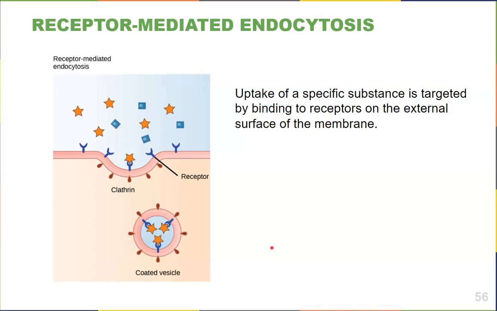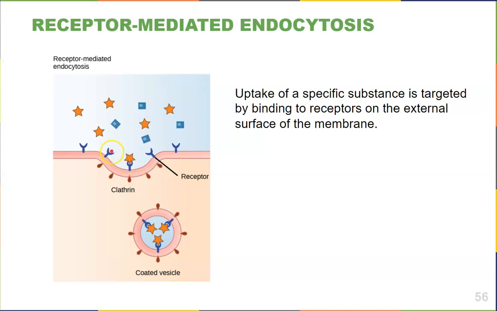Receptor-mediated endocytosis is another type of energy-intensive bulk transport. So this uses receptors to recognize different molecules. So notice there's 2 different types of molecules here. Only the star-shaped ones are the ones that the cell is interested in. And so it has specific receptors for those.